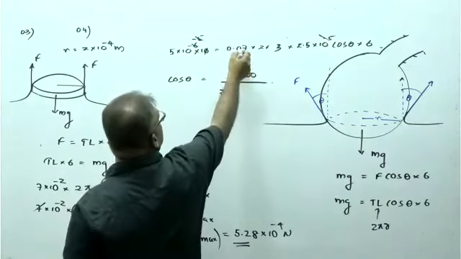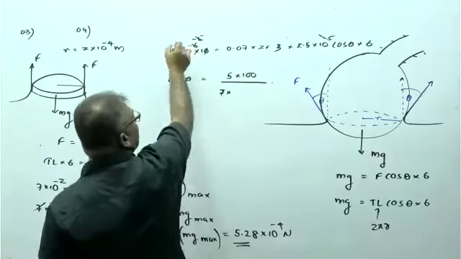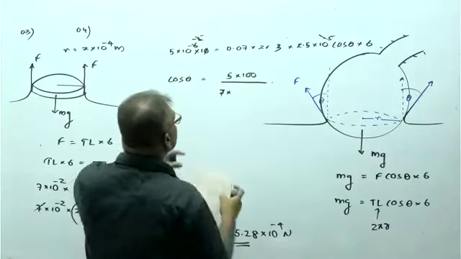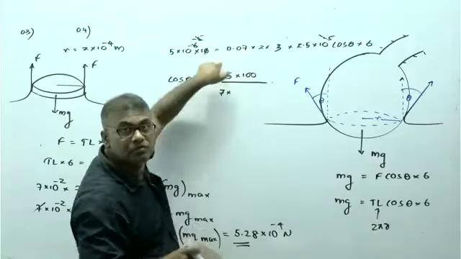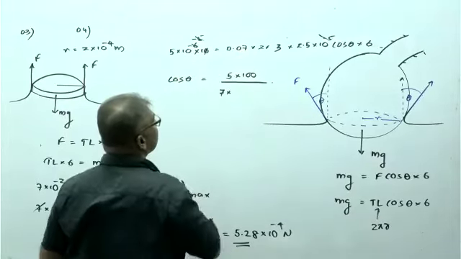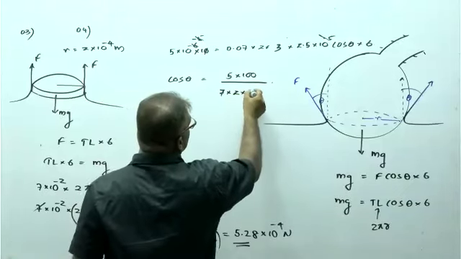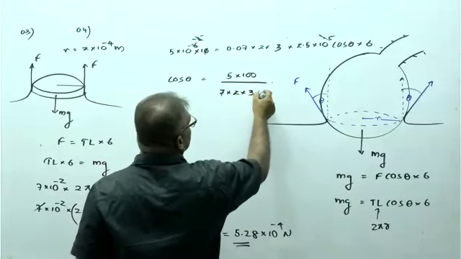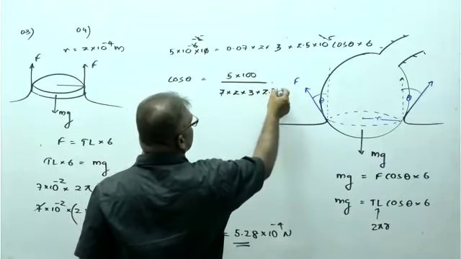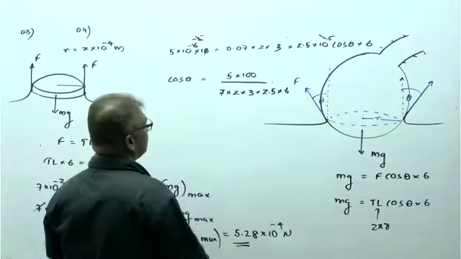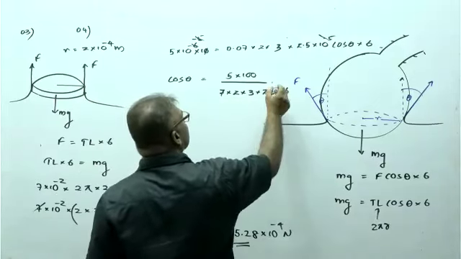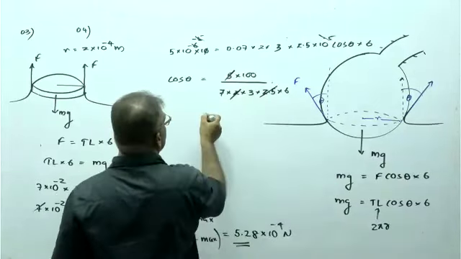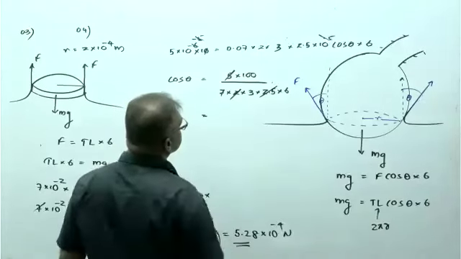7 into 2 into 3 into 2.5 into 6, no? Right. The 2.5 appears twice here, so cancel it and the rest remains.